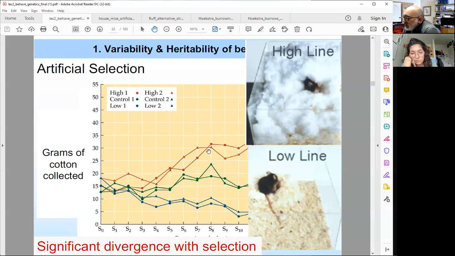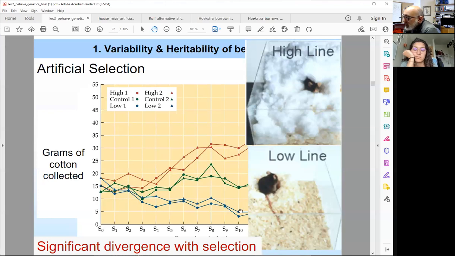In red here is the one or two lineages of the high collection. That is, the females that were selected to breed in these lines were the ones that were collecting the most nesting material.